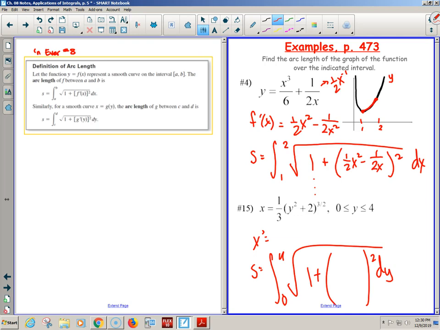Take a derivative, what do you get? This would actually probably be an easier integral to solve.